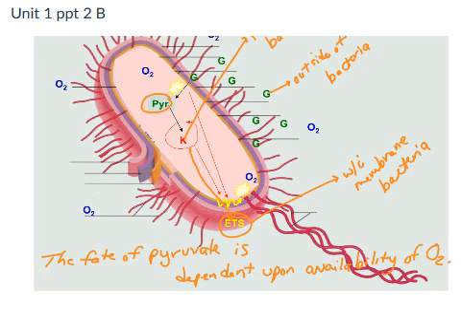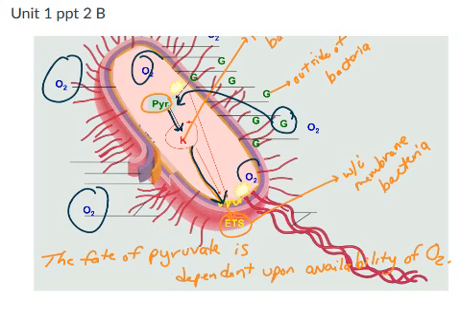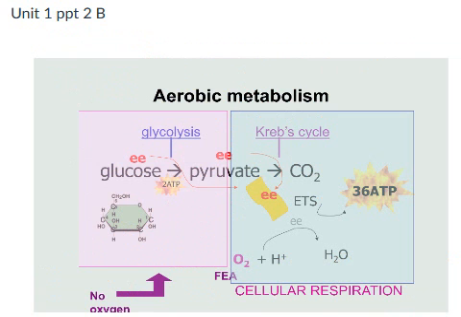What that means is, after the first step of glycolysis, what happened to the pyruvate? It went inside of the bacteria, which then fed into the Krebs cycle and fed into electron transport chain. This happened because there's oxygen present everywhere, and this is an aerobic respiration example.